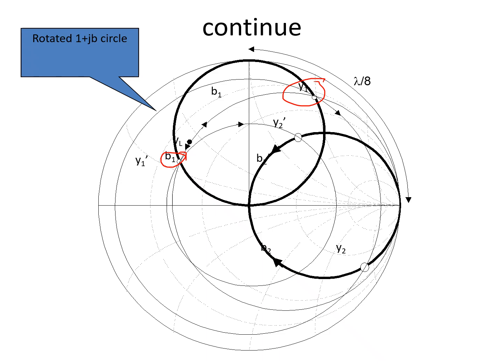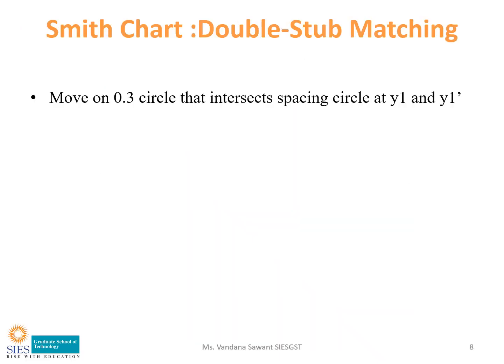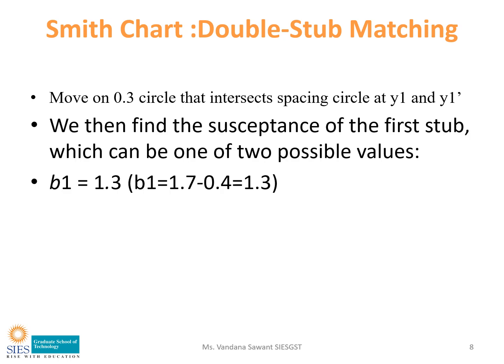How do we read out the jx value? We need to find the vertical circle passing through y1 and the vertical circle passing through y1 dash. The susceptance of y1 is 1.7.